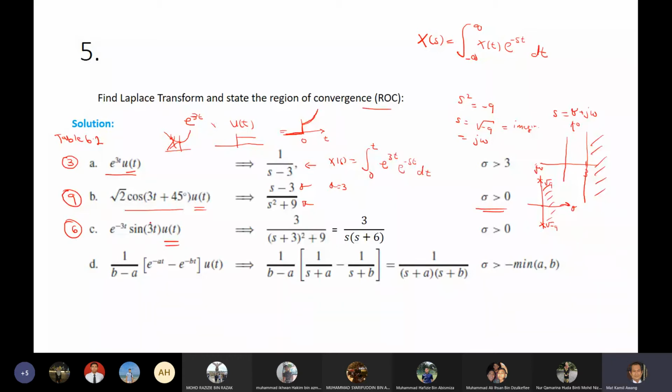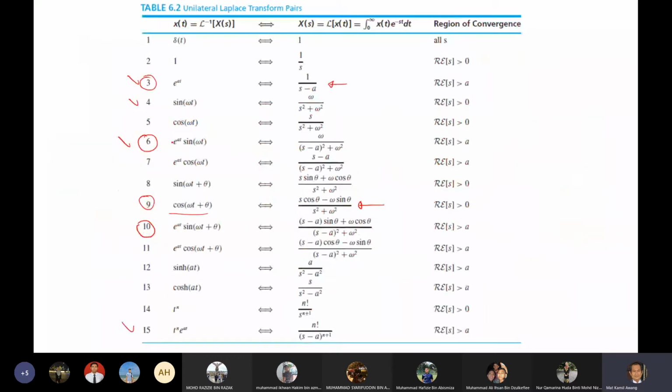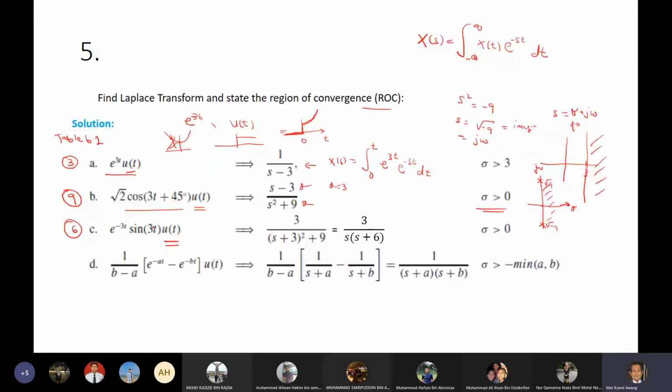From number 6, which is omega divided by s minus a squared plus omega squared. What is omega? It's 3 and a is minus 3.